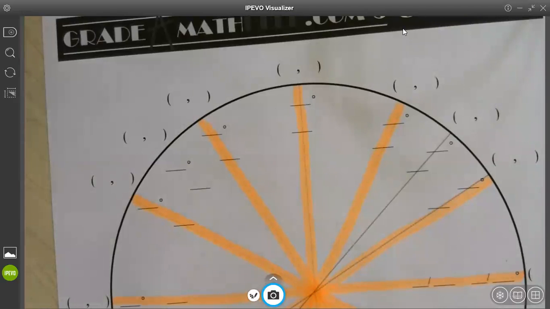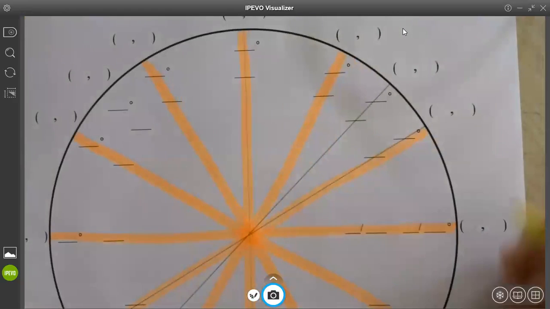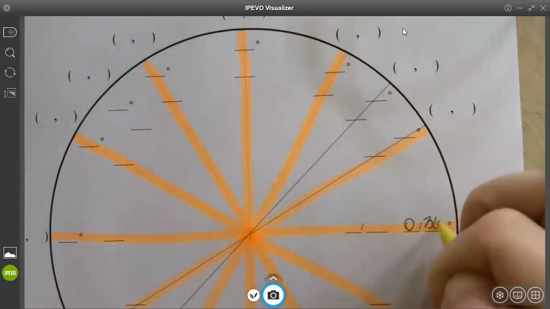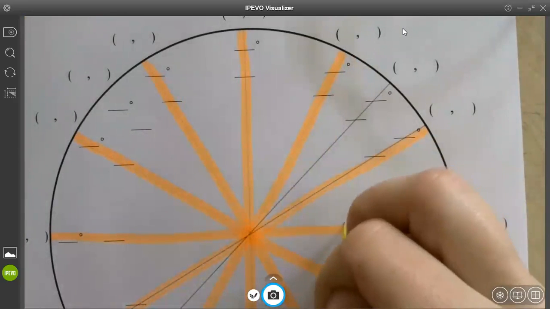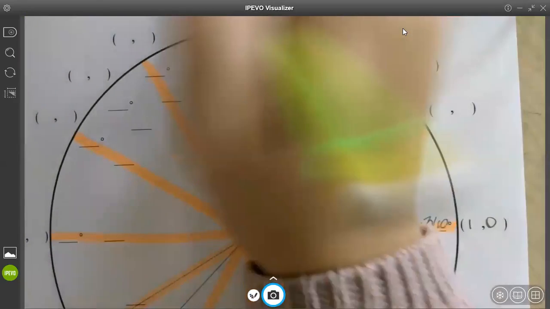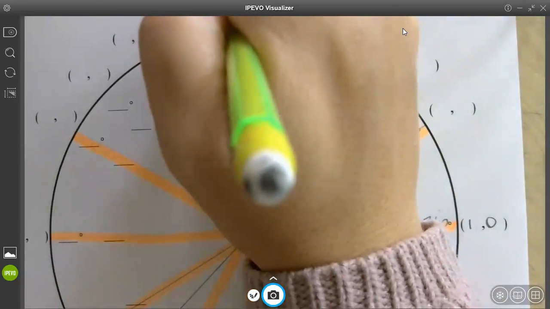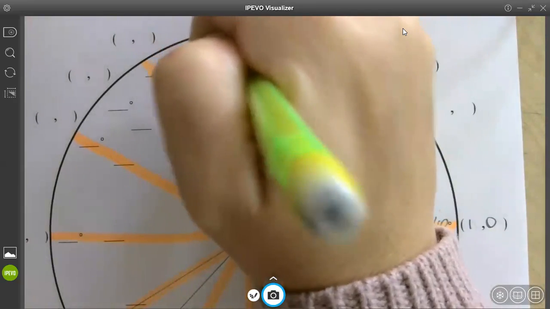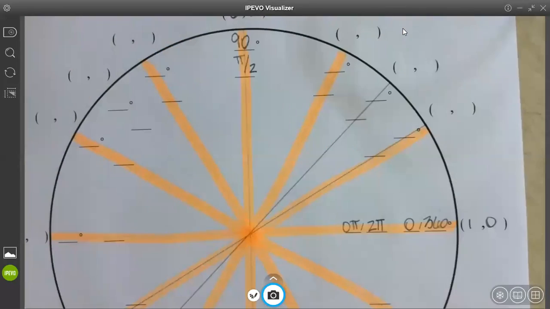All right, go ahead and go around to your main cross and put those coordinates and everything else that you had. So we have 1, 0, 0 degrees and 360 degrees, 0 pi and 2 pi. Up at the top, you had 0, 1, 90 degrees, pi over 2.